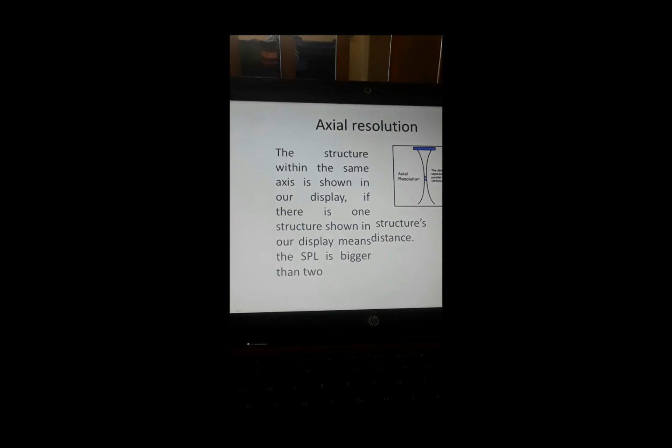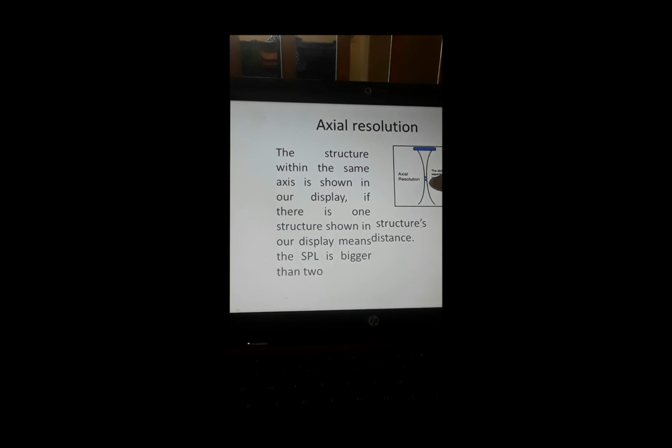Axial resolution: structures along the same axis are shown on our display. If only one structure is shown on our display, it means the SPL is bigger than the distance between the two structures. Let's talk about the image.